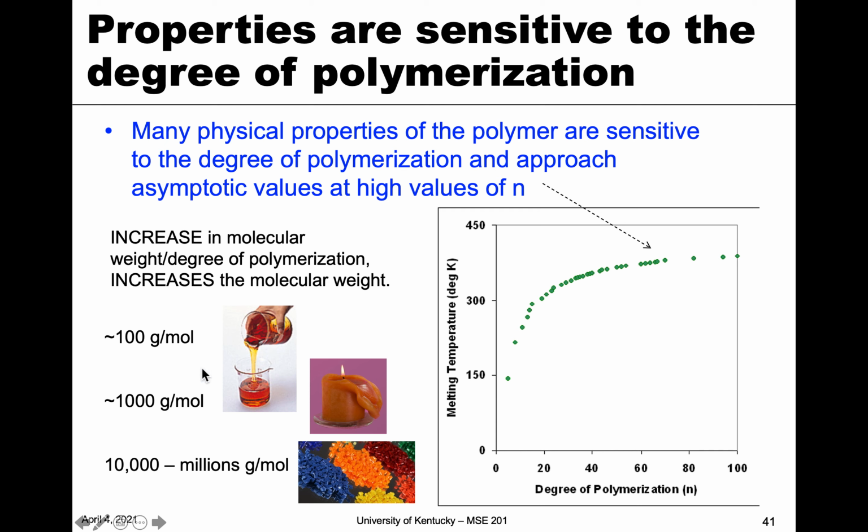And then kind of waxy if you're up in 1,000 grams per mole. And then if you're in 10,000 or more, it tends to be a solid polymer. And so the properties tend to kind of level out as you go up. But again, there can be quite distinct changes of the melting temperature, but also a lot of other properties with increasing degree of polymerization or increasing molecular weight.